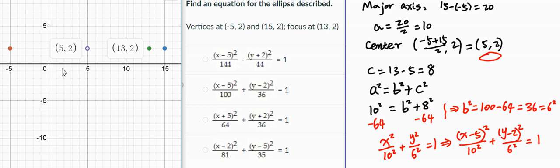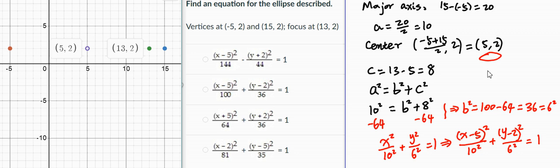Again, the major axis is horizontal, so the a value should be below the variable x, and the b value should be below y when the graph is not shifted. We should have the equation in this way: x squared divided by 10 squared plus y squared divided by 6 squared. And then we consider the center, which will be shifting.